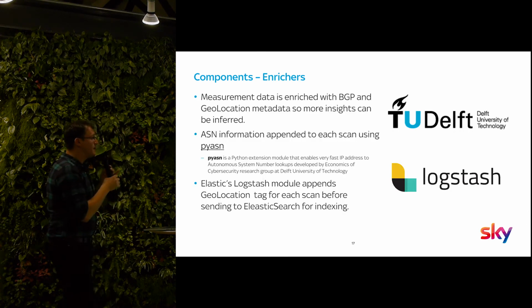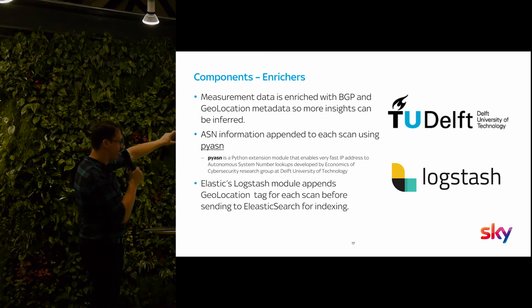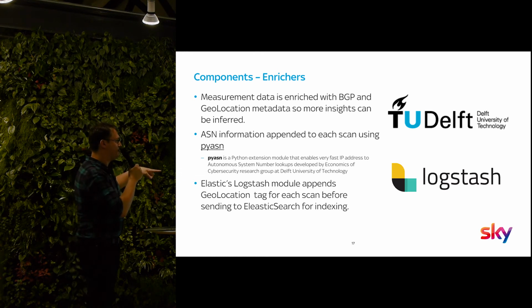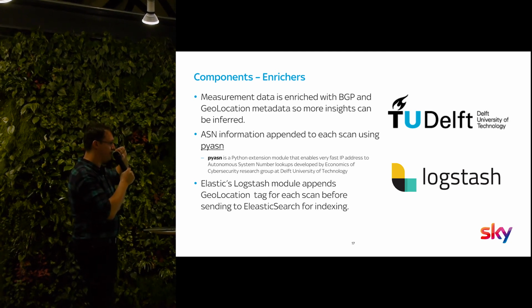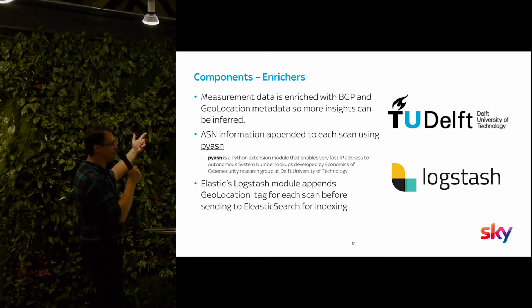And the enrichers, if you remember, that ASN tag is actually coming from another Python library called PyASN. It's developed by the TU Delft University in the Netherlands. It's a very, very fast IP to ASN lookup library, really pretty fast, and so I use that one to add the ASN information. There is also BGP information you might attach, but it's not shown here because it depends on, for example, the Arbor API, which I was using.